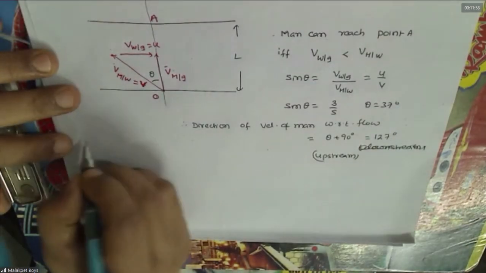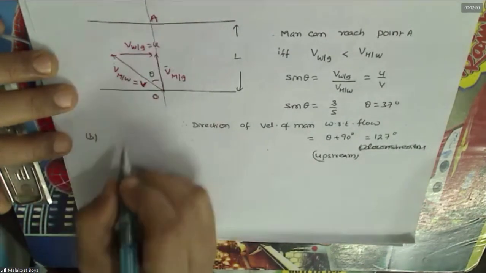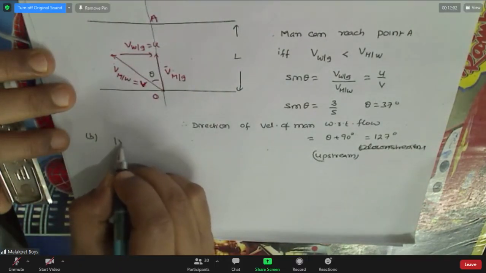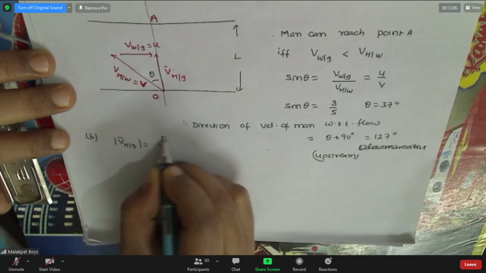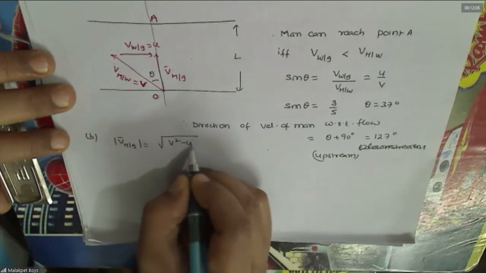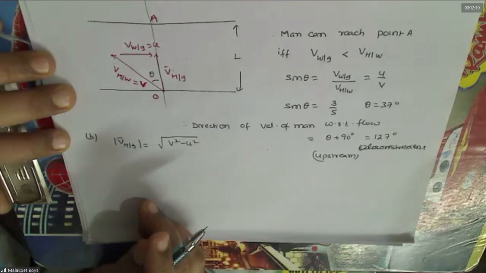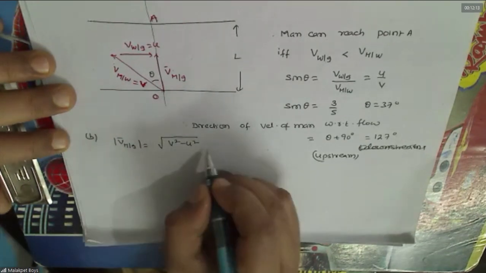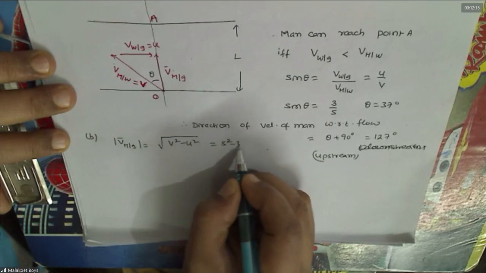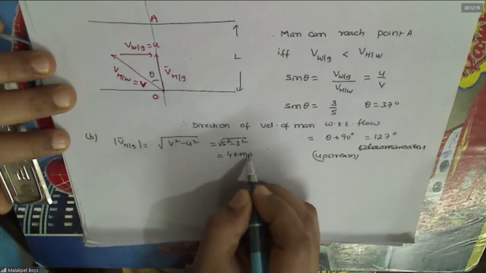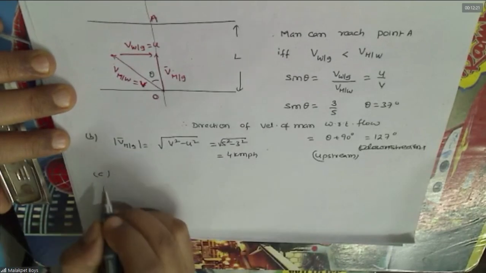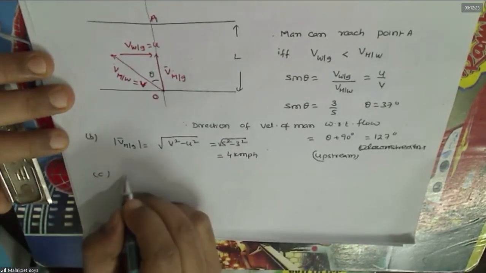The resultant velocity, the second one, is nothing but this one. If you look at the diagram, that is nothing but root over v square minus u square. The next one is asking about time taken.